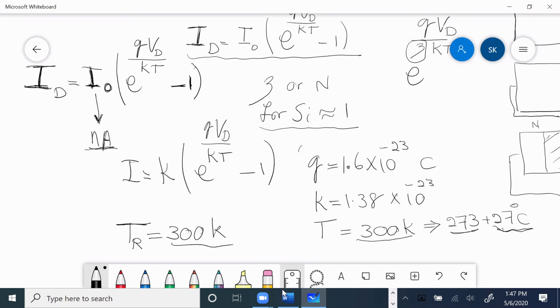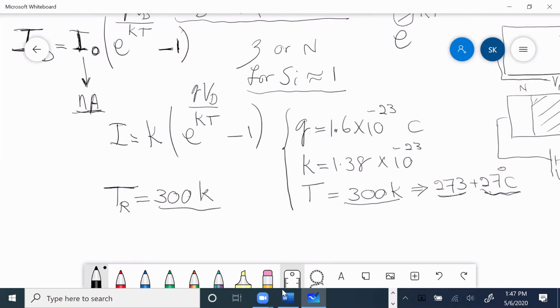If we put all these values, we get Q divided by KT equal to 26 millivolts. In fact, the actual value is 0.0258 volts if we put the exact values.